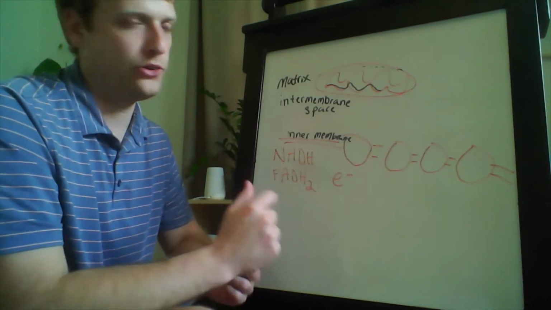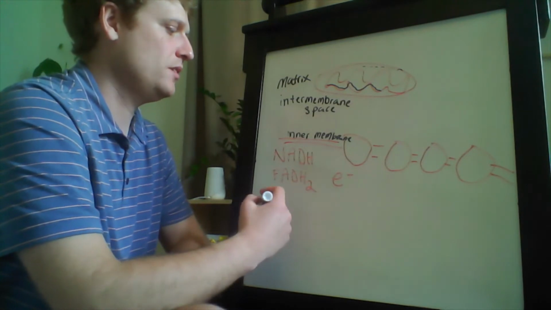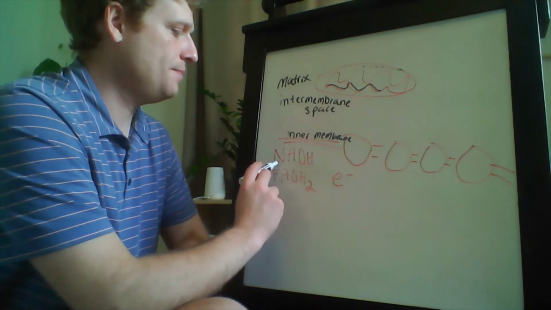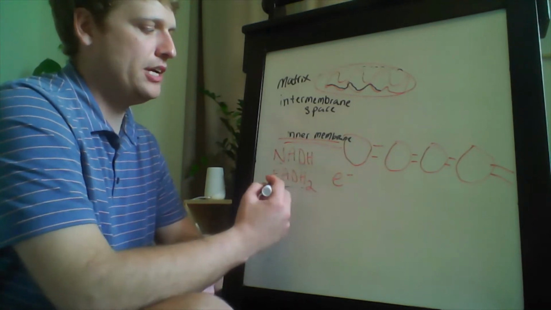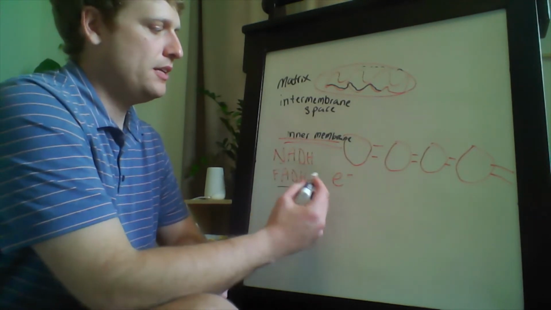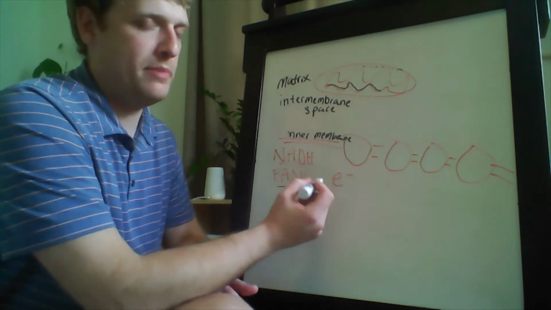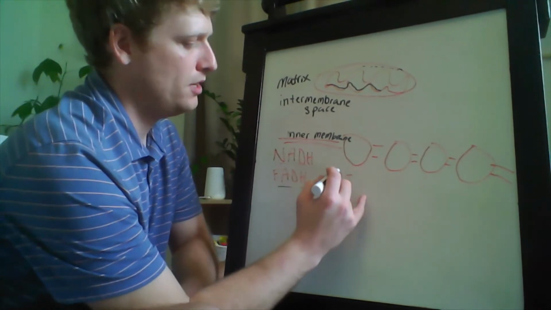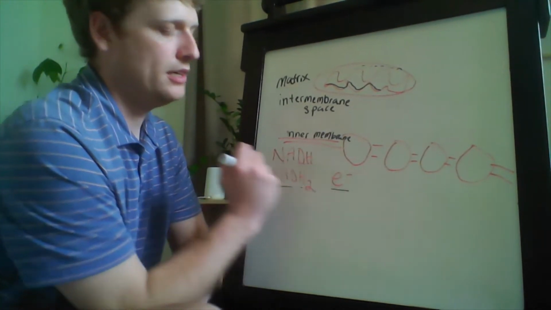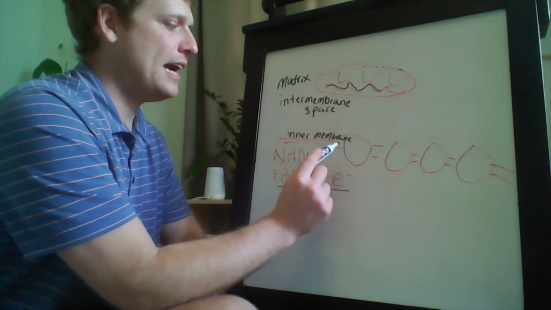Remember, we called those integral proteins that are embedded in the membrane. And we have these electron carriers, NADH and FADH2. They're going to be transported to this inner membrane inside the mitochondrial matrix, and they are going to release those electrons at this inner membrane.